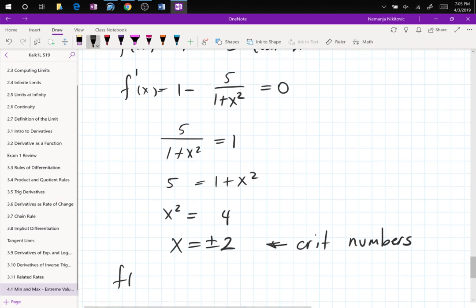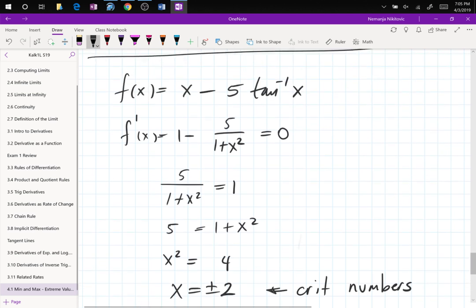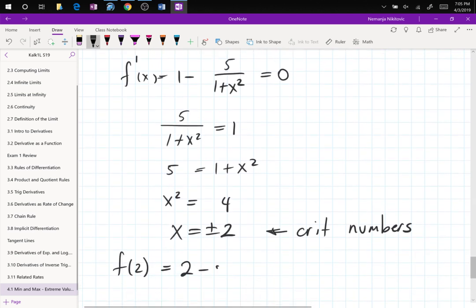Now we need f of 2. f of 2 is going to be 2 minus 5 tangent inverse of 2.